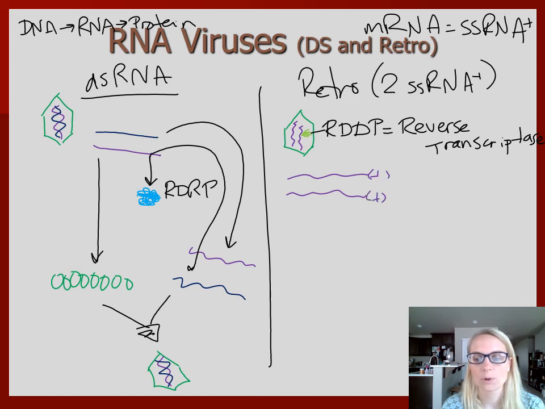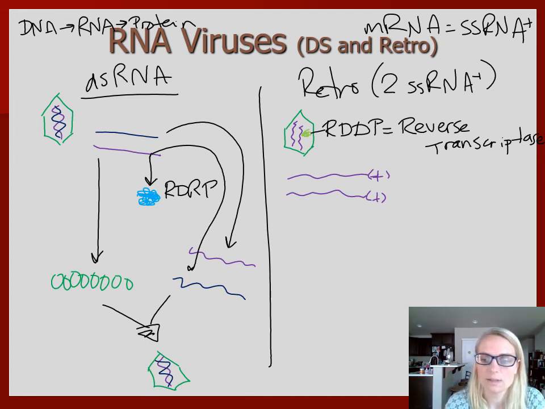Now, for purposes of space and time, I'm just going to track one of these, but know that everything that I do will happen to both of these single-stranded RNAs. So, like our previous single-stranded RNA, it just went directly into translation to make the RNA-dependent RNA polymerase and make the capsid proteins. This does something different.